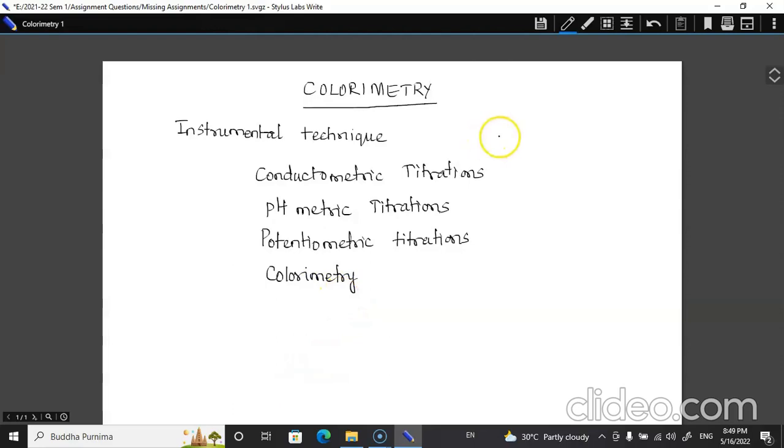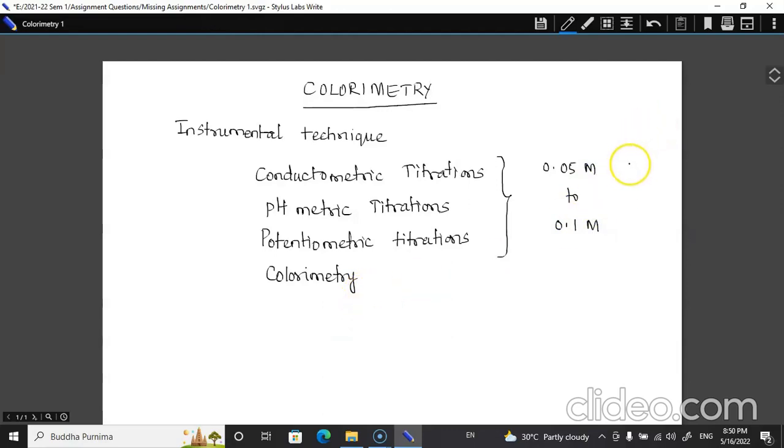Normally, these three titrations can be done in the range of 0.05 molar to 0.1 molar. But in the case of colorimetry, it will be different.